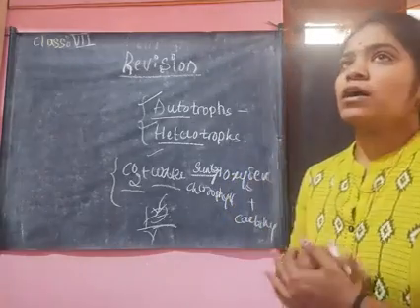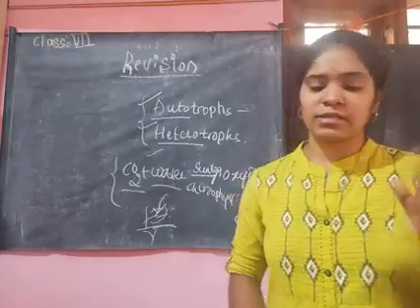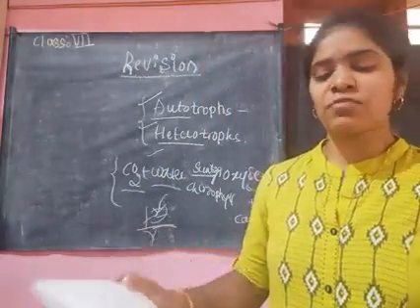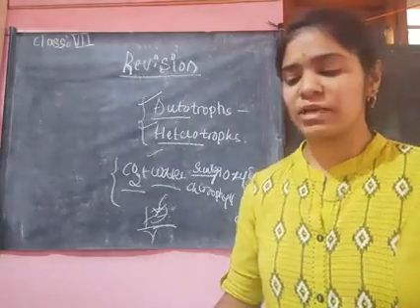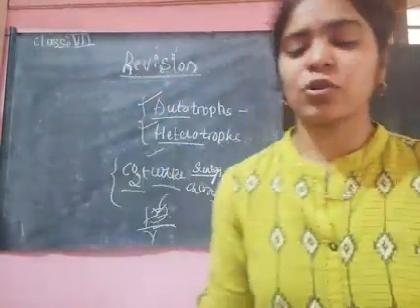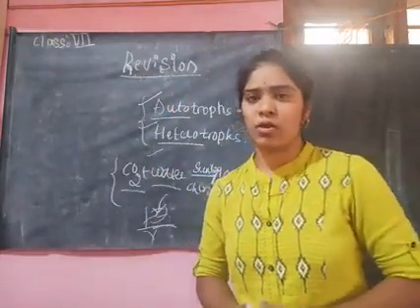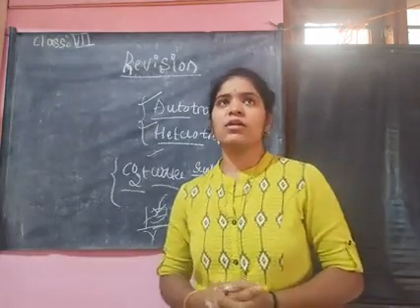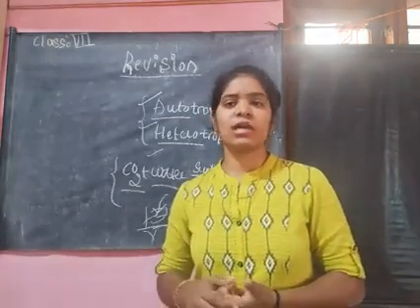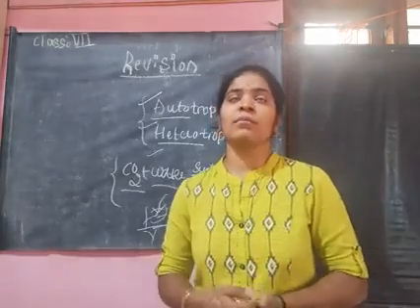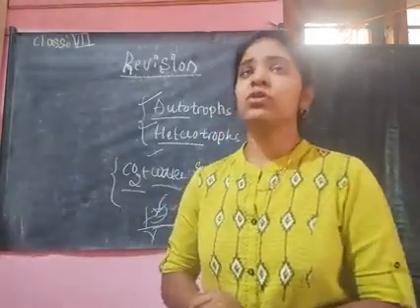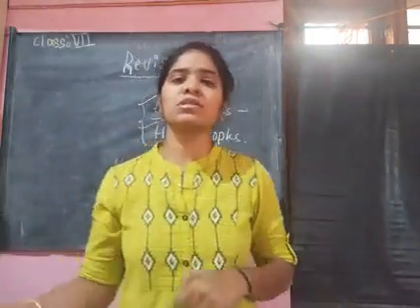There is also the greenhouse effect, which is the last question in your syllabus for your test: why do farmers grow many fruits and vegetable crops inside a large greenhouse? This is because in a greenhouse a large amount of sunlight is absorbed and it does not reflect to the surroundings.